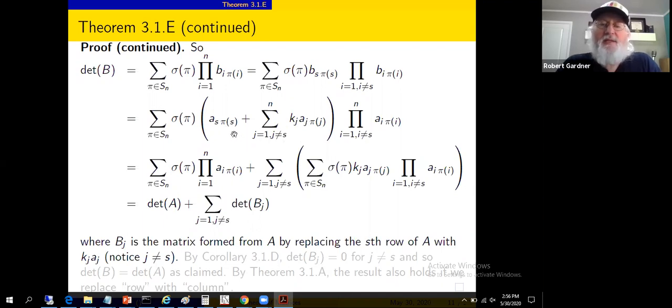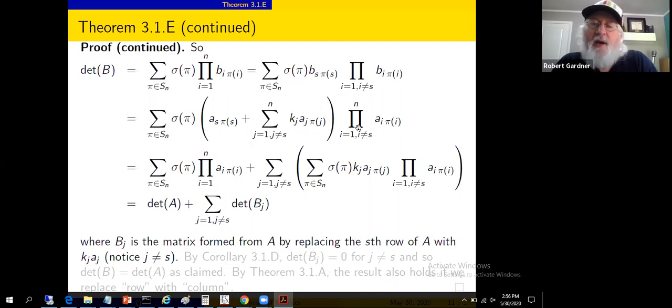So we get this kind of summation here by substituting over what we had on the previous slide. And the story is, none of these are different. The B's and the A's are the same if you stay away from the S row, which we have in this particular product. One reason to do that. And here we've got a product of everything except for that S row of A. Hey, there's the S row of A there.